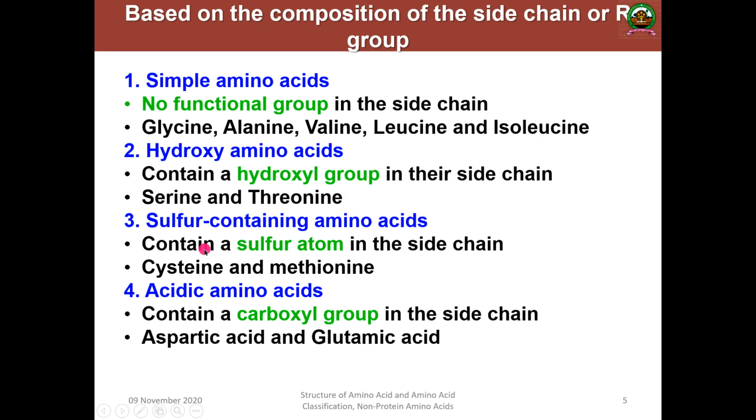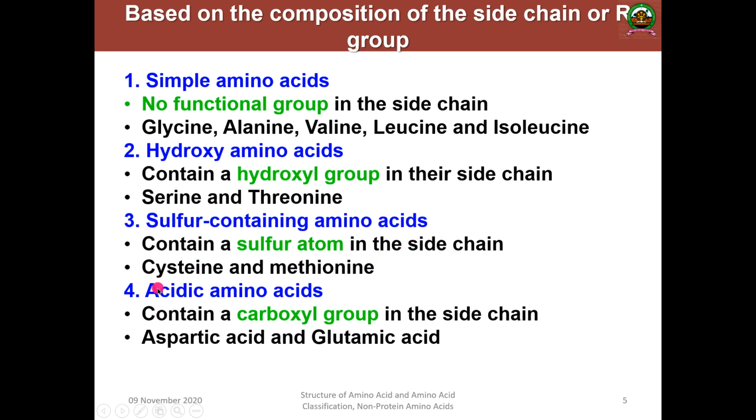Then the next one is sulfur containing amino acid. These are very important because they play an important role in the stability of the protein structure. They contain a sulfur atom in their side chain. Examples are cysteine and methionine.